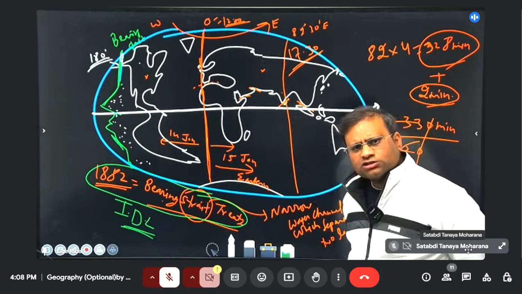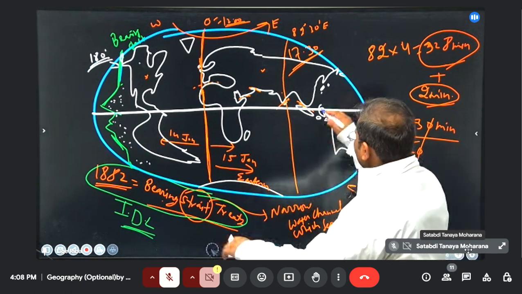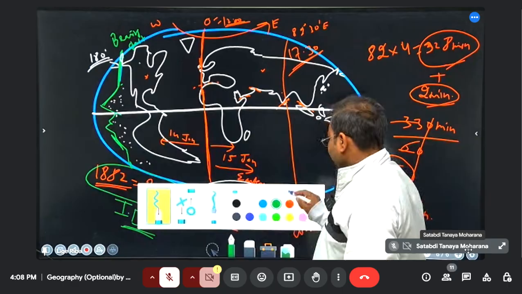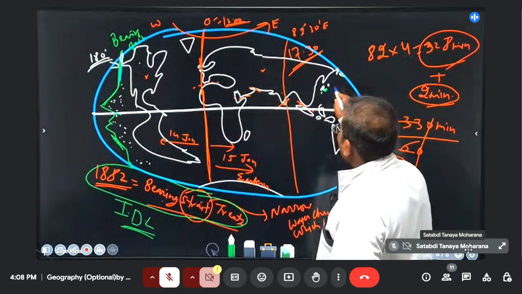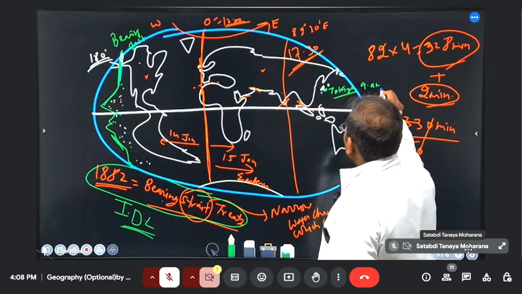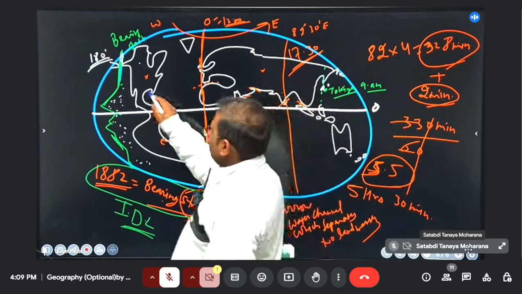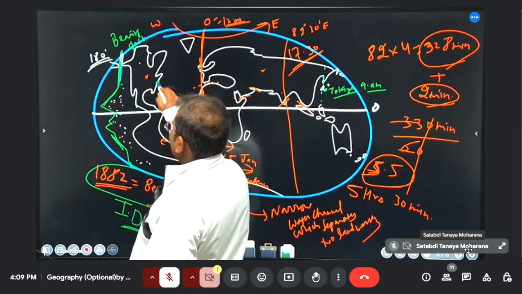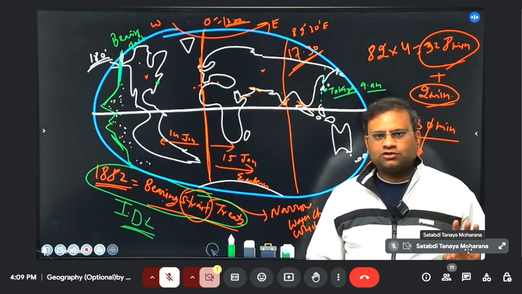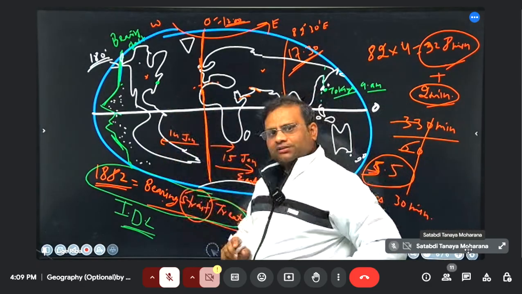Some interesting questions are asked, like, see, if one airplane leaves from Tokyo at 9 a.m. as per this longitude, it reaches New York in 2 hours only. But the longitudes of Tokyo and New York are given.